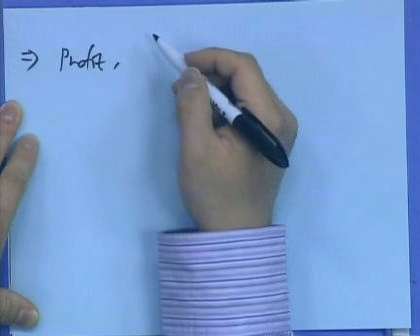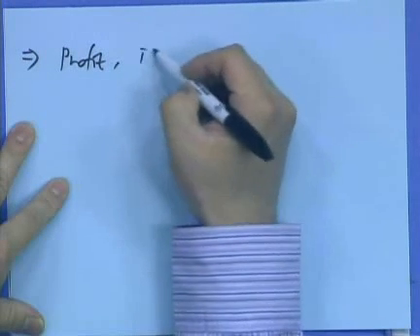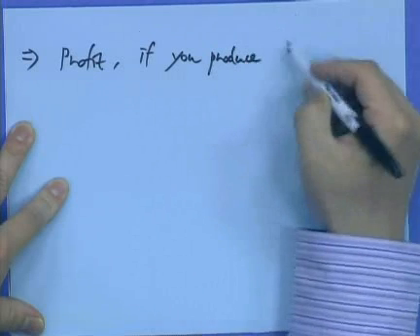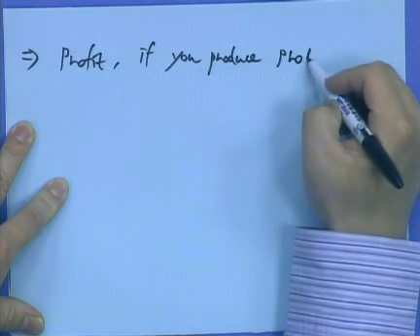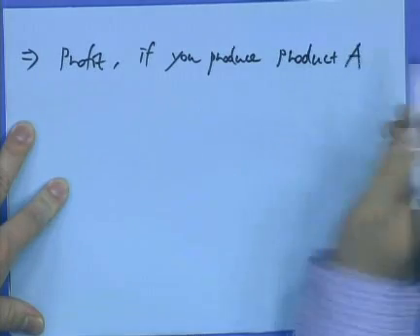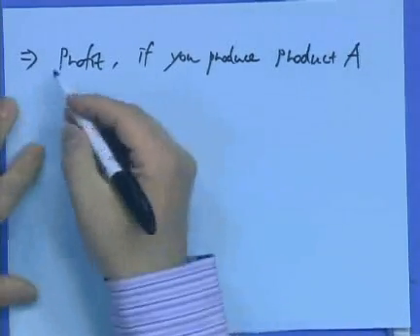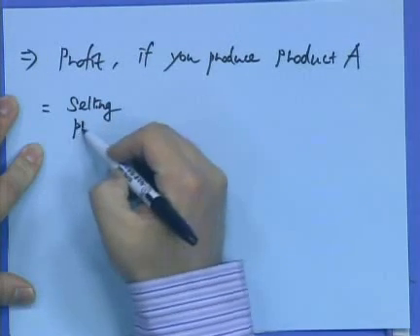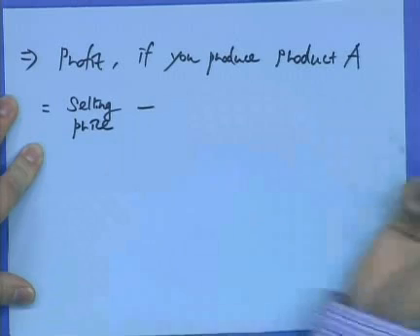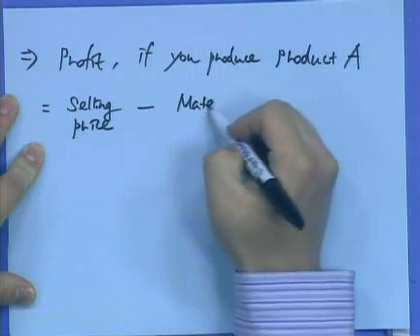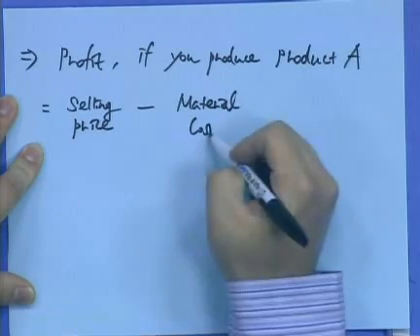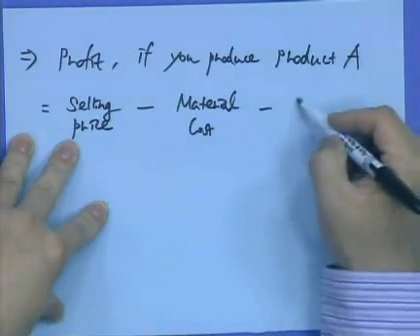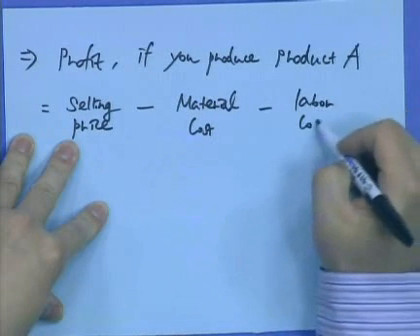Yeah, something like that, right? So the profit, if you produce product A, can be obtained by selling price minus material cost, minus labor cost, right? Variable labor cost.